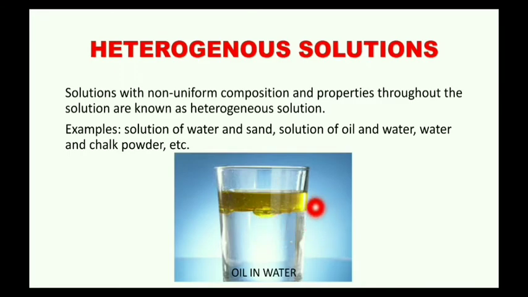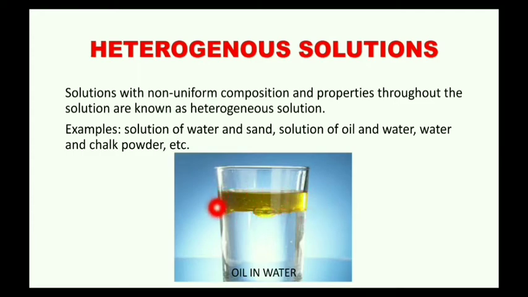They are not uniformly dissolving into each other. That is why they have non-uniform composition, and their properties are also different throughout the solution. Oil has different properties, water has different properties, so both of them form two separate layers. So this is an example of a heterogeneous solution, because they have a non-uniform composition throughout, and the properties of the solutions are also non-uniform.